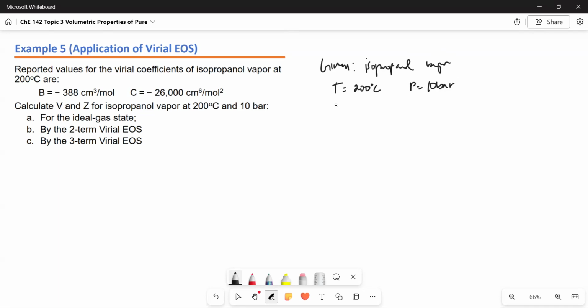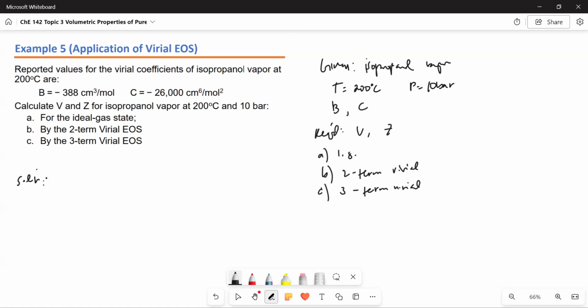We're also given the values for B and C, so just please refer to that. We're being asked for the value of the volume and compressibility factor using different equations of state. First is the ideal gas equation. Second is the two-term virial EOS. And lastly, the three-term virial EOS.